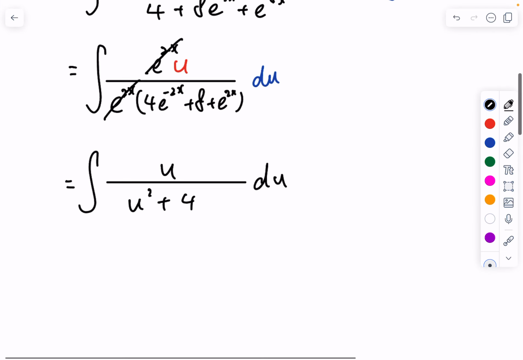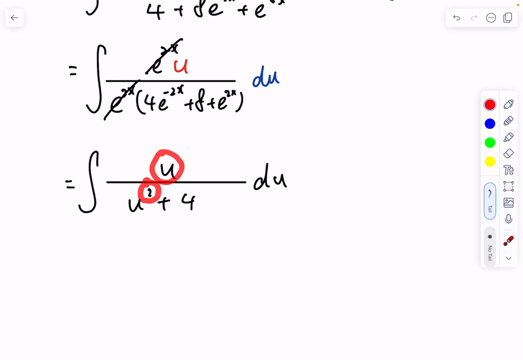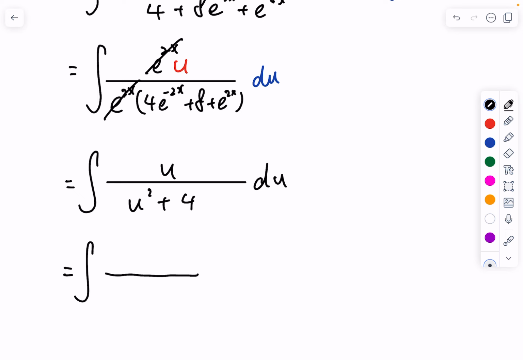Now, in this format, the degree of the numerator is 1 less than the denominator, meaning that we can do one more step. That is to make the denominator u squared plus 4.